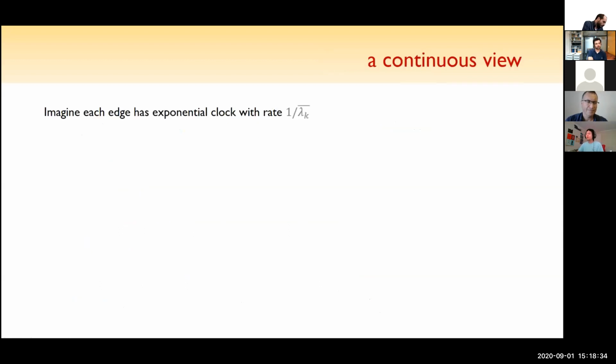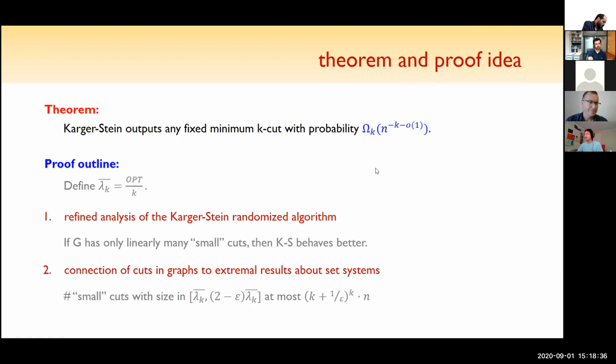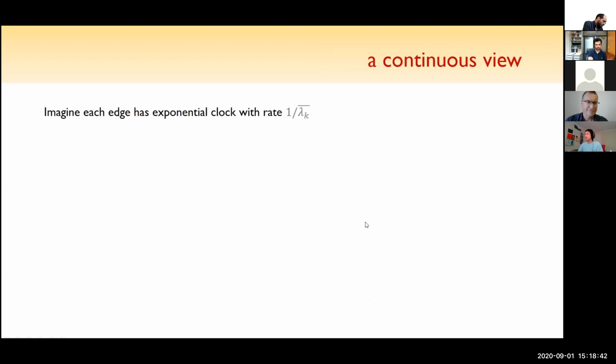Okay, so we'll begin with the first step. For the first step, we'll be considering a more continuous version of Karger-Stein, and we'll see why later on. This continuous view is more intuitive and better for the analysis than the original discrete view, which is just selecting a random edge and contracting.